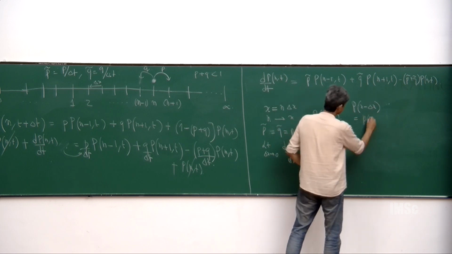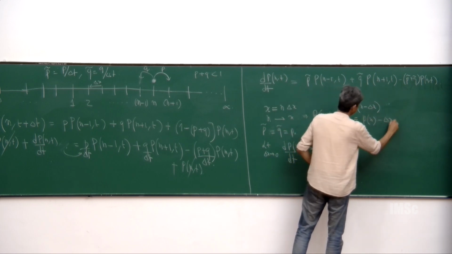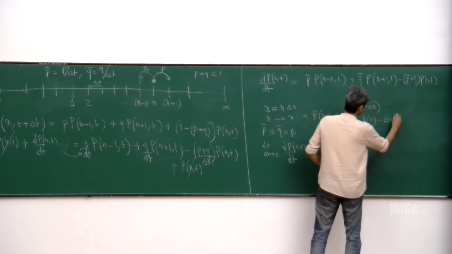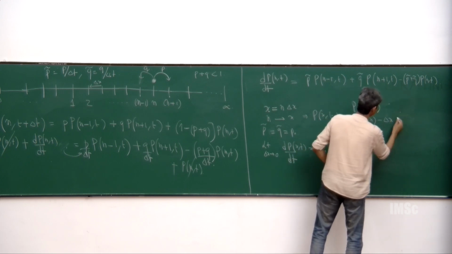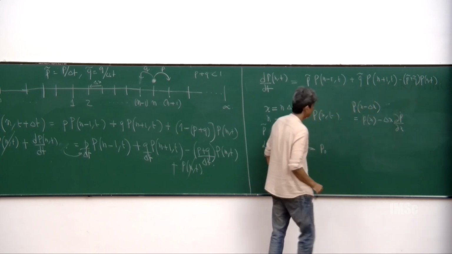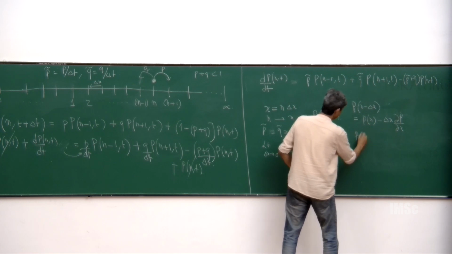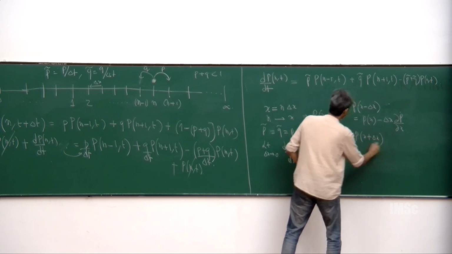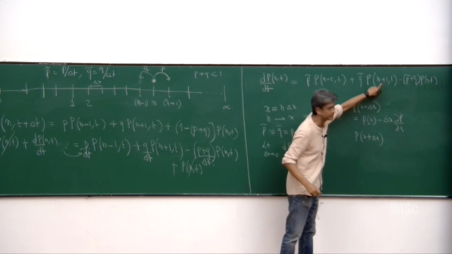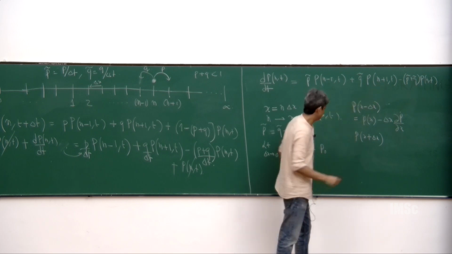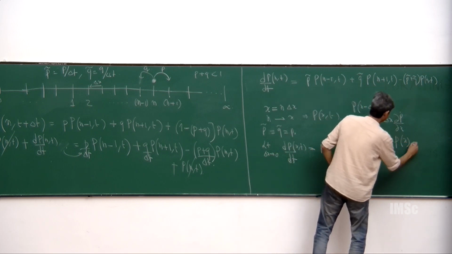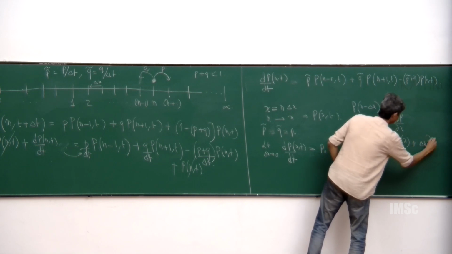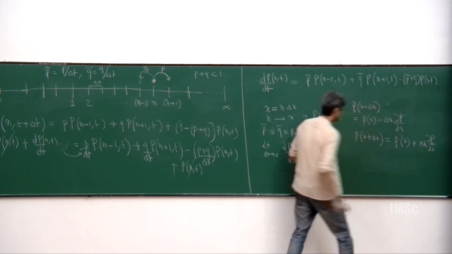You will get p(x) minus delta x p prime, or maybe I should now, because I have two variables, del p del x. Similarly, for p of x plus delta x, I will have p of x plus delta x del p del x.